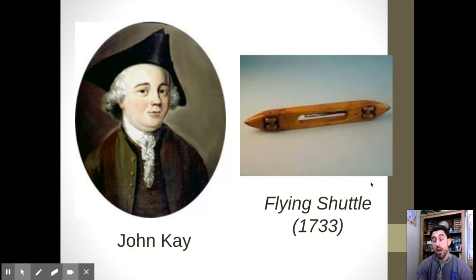And so that's another factor here, because we're looking at cotton being a grown crop that's harvested, and a cotton industry that's very much propelling the economy of the newly developing United States of America.